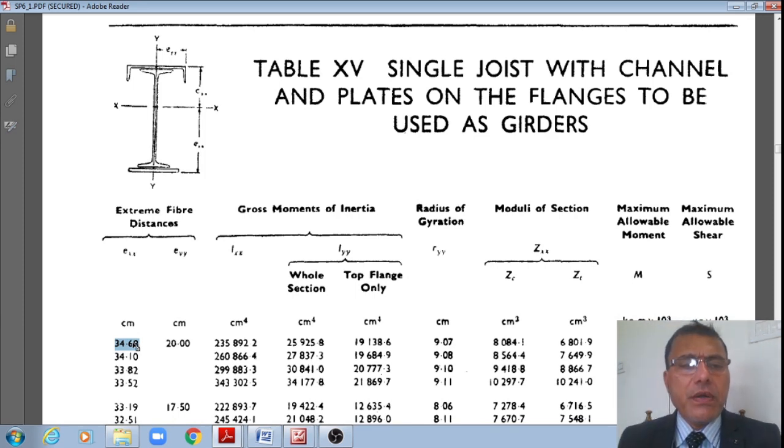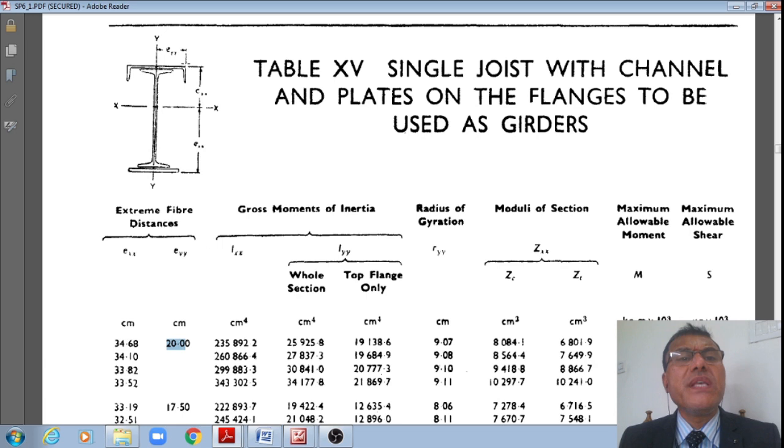That is how this CG with respect to this horizontal axis, this CG distance, is now 34.68 centimeter or 346.8 mm, and EYY, this extreme fiber distance about this y-axis, is equal to 200, right?